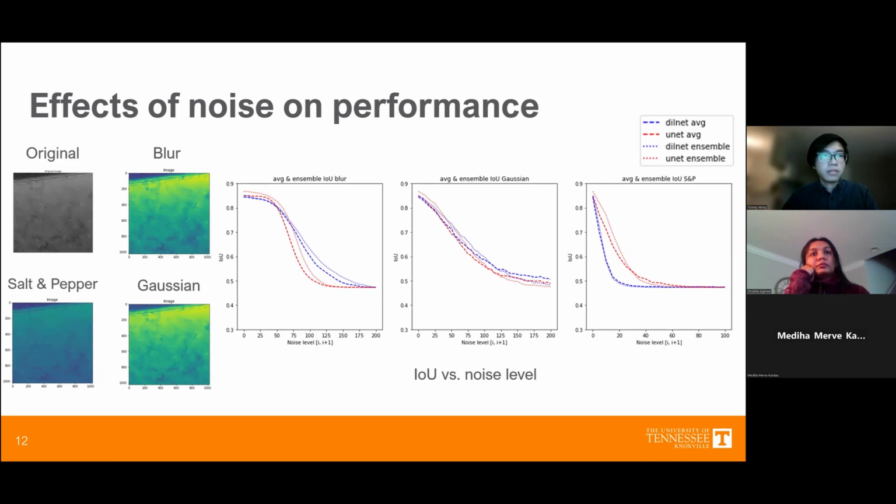If you increase the noise level of the images used in training, the blue curves are networks with dilated convolutional layers. The red curves are using normal convolutions. The IOU shows a significant increase for the networks that use dilated convolution layers, especially at very high noise levels.